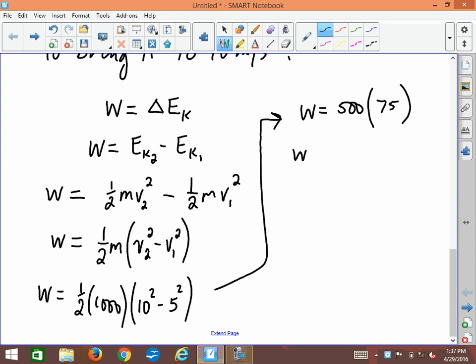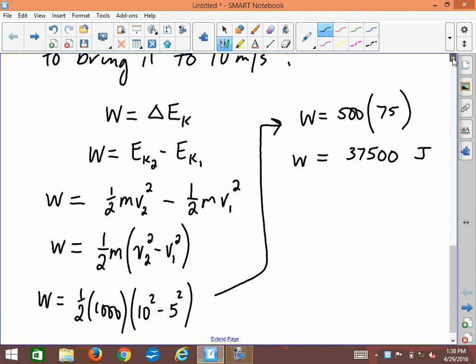And so if you multiply that by 500, that is 37,500 joules of energy. That would be the extra energy you have to add to the car in order to get it from 5 meters per second up to 10 meters per second. That's not the actual total energy it now has, it's just the amount we've added.